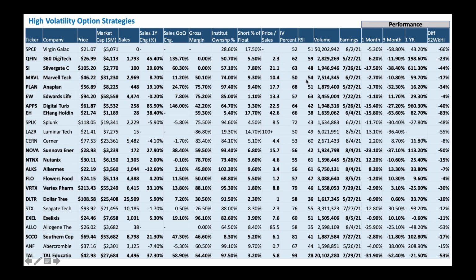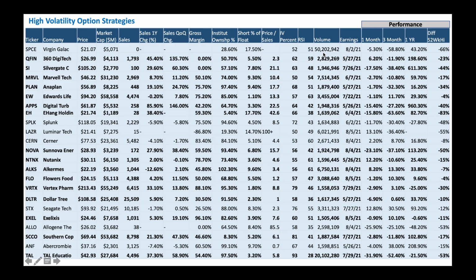And then I have the RSI that tells you whether the stock is overbought, if it is say above 60 or so, or oversold, if it is say below 40, 45. And volume, I made sure you have a good amount of volume because volume is very important.